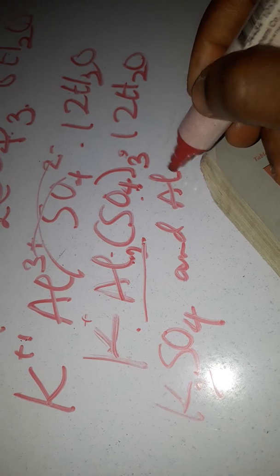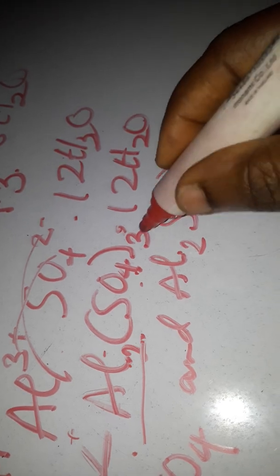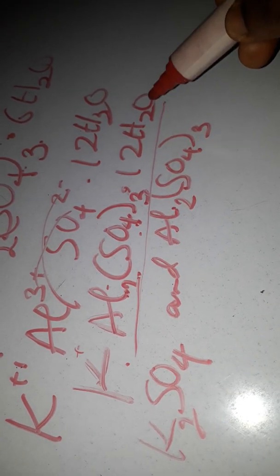So this is usually formed by dissolving different salts. For instance, for this compound we can dissolve potassium tetraoxosulfate(VI) and aluminium tetraoxosulfate(VI). When this is dissolved together, then you get this double salt.